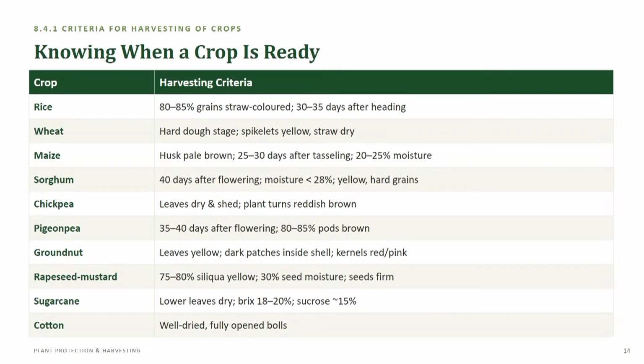In the case of rice, it has been decided that when 80 to 85% of the grain becomes straw colored, the rice is ready for harvesting. It generally comes 30 to 35 days after heading.